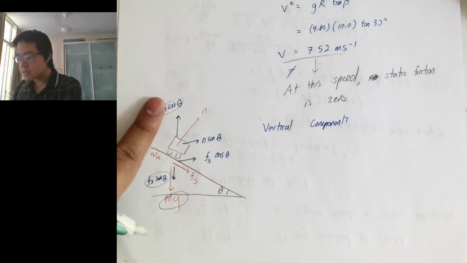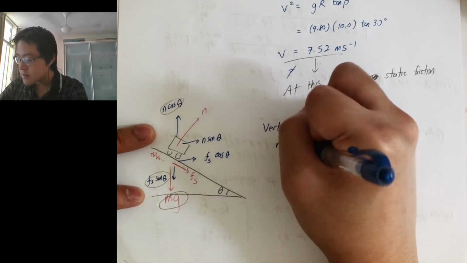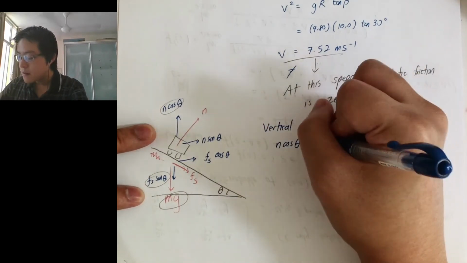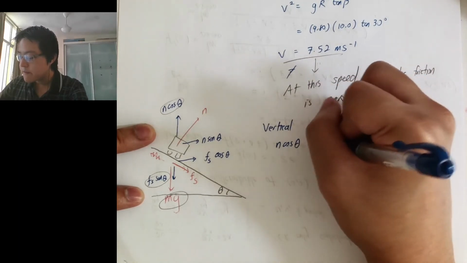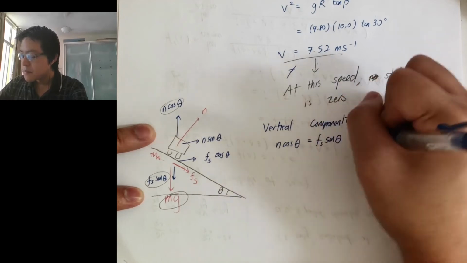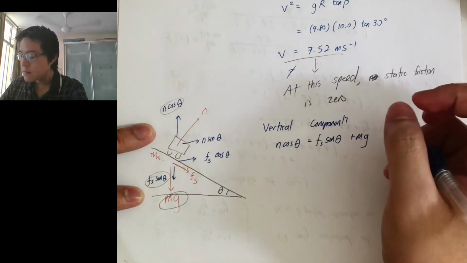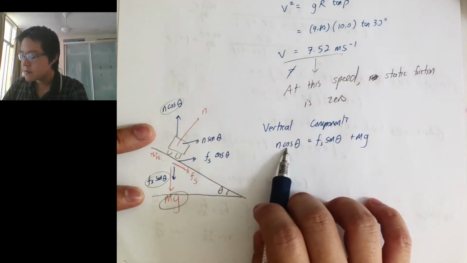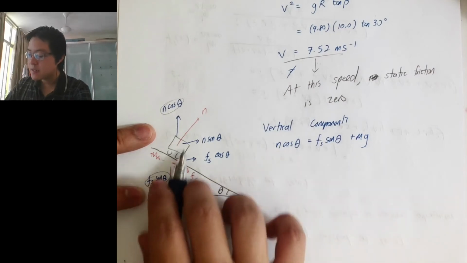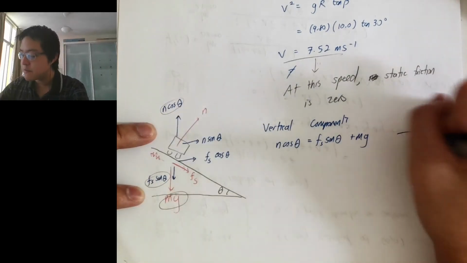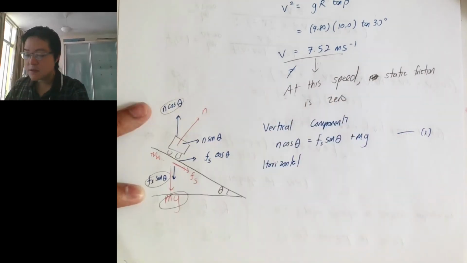The upward force is balanced by my two downward forces. So I have n cos theta equals Fs sine theta plus mg. Let's keep it in this form. So the vertical forces balance. And for the horizontal, what are the horizontal forces?